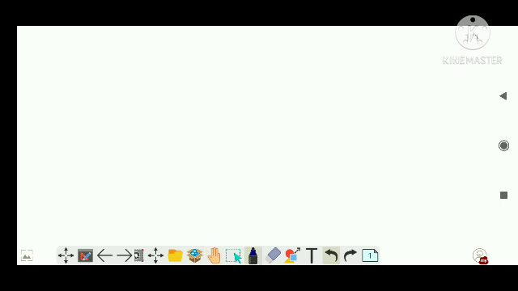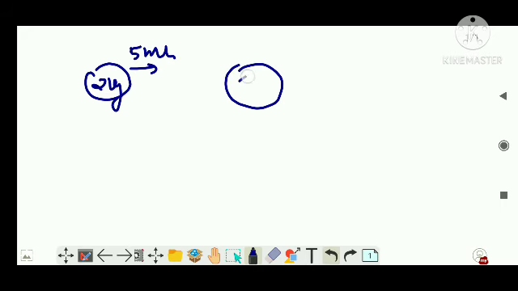That's why. Let's say this is a 2 kilogram mass moving with a 5 meter per second velocity, and another, let's say 3 kilogram mass, moving with 2 meter per second. Obviously 5 is greater than 2 meter per second, so it can catch up, and they will undergo collision.